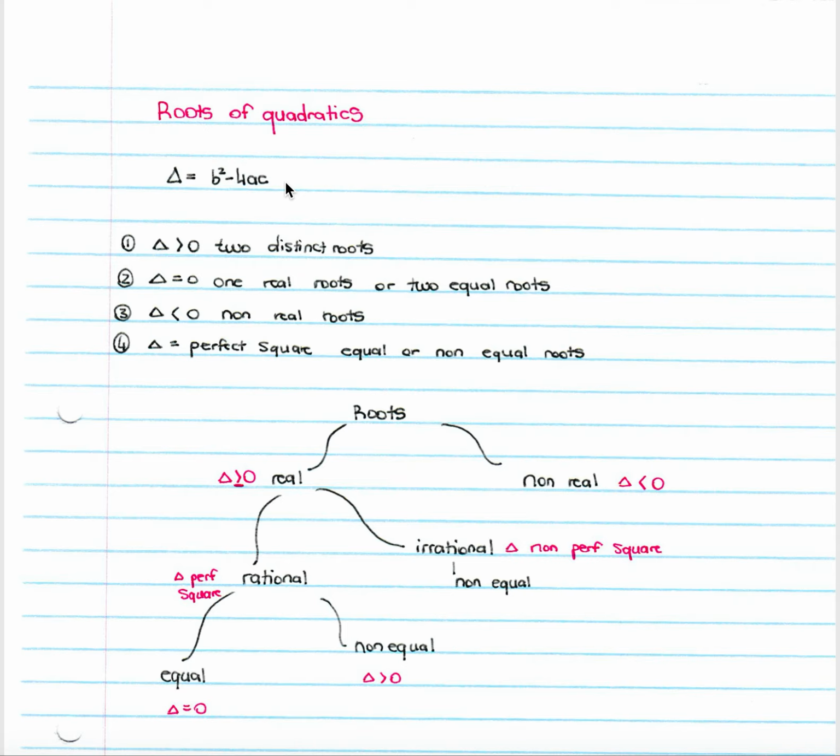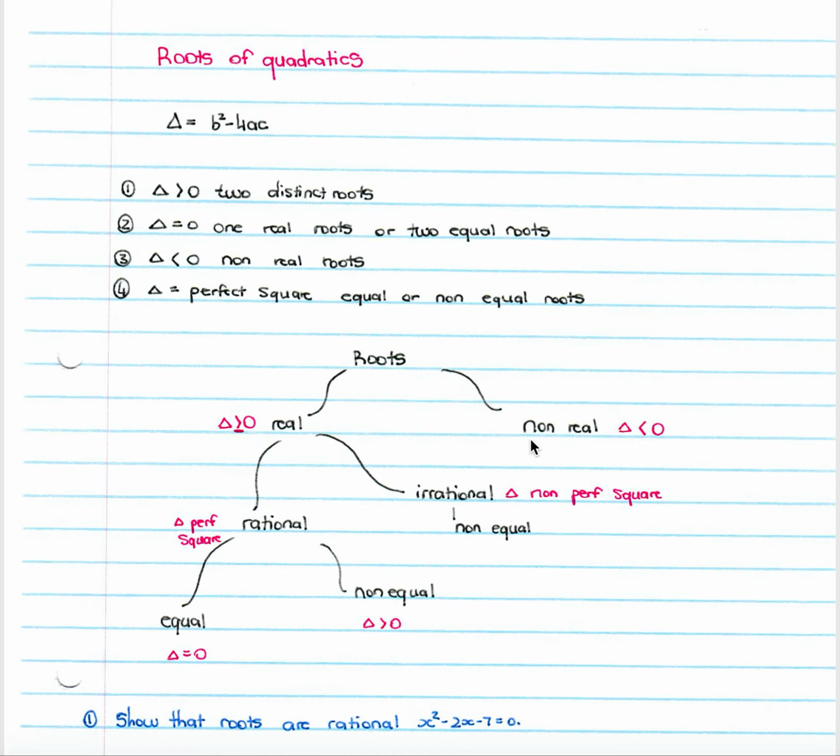If delta equals 0, one real root is present, or two equal real roots. If delta is less than 0, the equation has non-real roots, which means that the quadratic equation graph would not cross the x-axis. And if delta equals a perfect square, then roots are equal or non-equal roots.